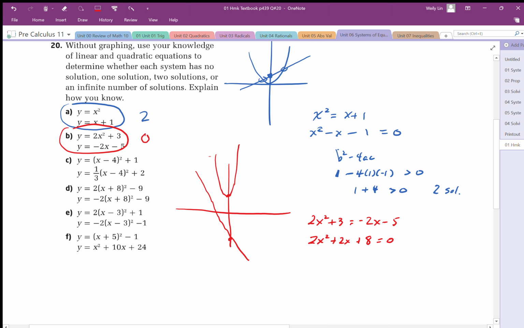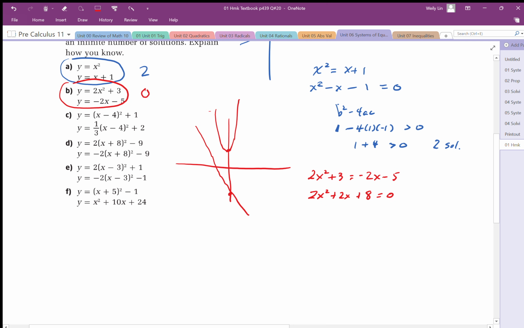We can factor out the 2 if we like, but we can put that into the discriminant as well. So we get 2 squared minus 4 times a times c, and we end up with 4 minus 64, which is less than 0, therefore 0 solutions based on the discriminant.